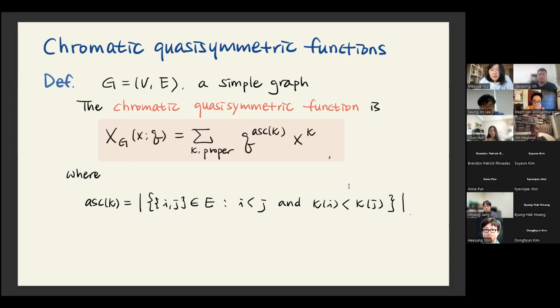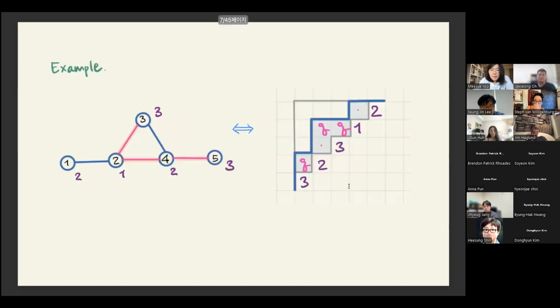But I'm going to consider this chromatic quasisymmetric function for the incomparability graph of the natural unit interval order. In that case, rather than considering this graph, we can consider this Dyck path picture. So this graph corresponds to this Dyck path, and the edge relation is encoded in the cells between the Dyck path and the main diagonal.